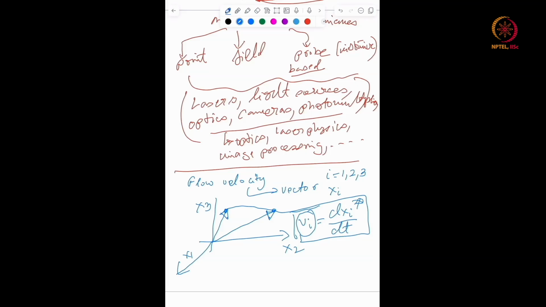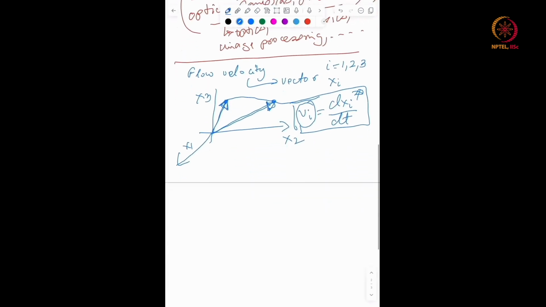So you have the position vectors, and then you do a vector subtraction. One approach is to identify the initial coordinates of a fluid element, namely the position of the fluid at the origin of time. So this is, say, x0i at time t equal to 0, and then there is a final position at a later instant of time.